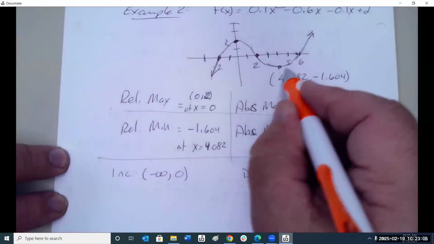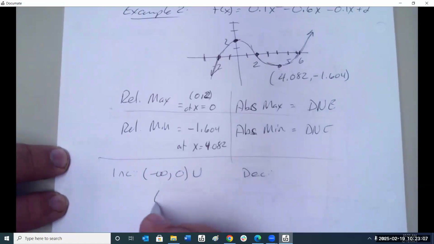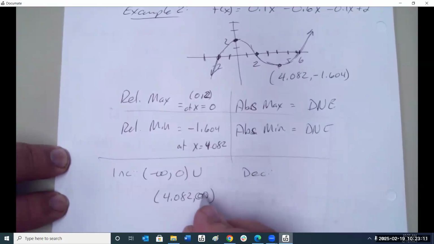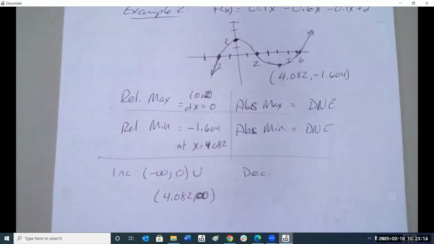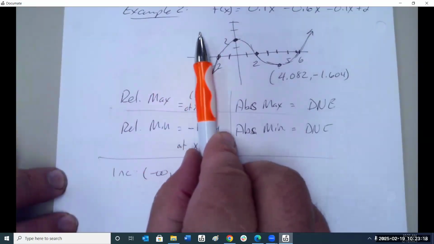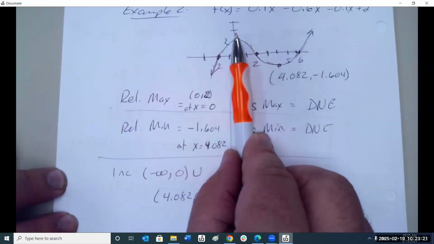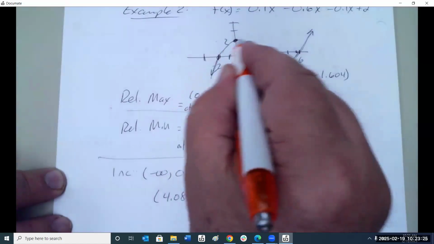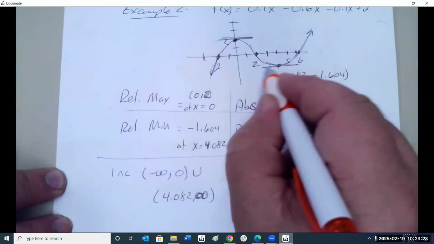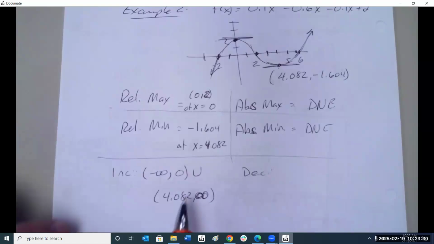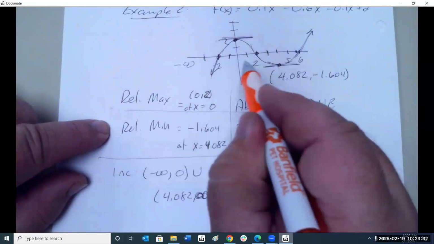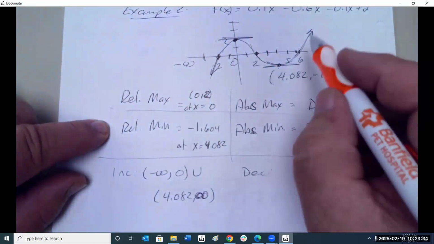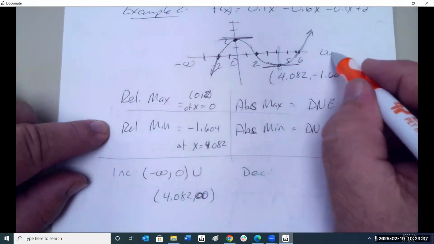It starts at this point and goes on from there, so it's unioned with 4.082 to infinity. That's where it's increasing. Use your pen. It's going up, it stops there, starts going down, starts there, starts going back up. So these are your extrema points. It's increasing from negative infinity to 0, and then from this point to positive infinity.